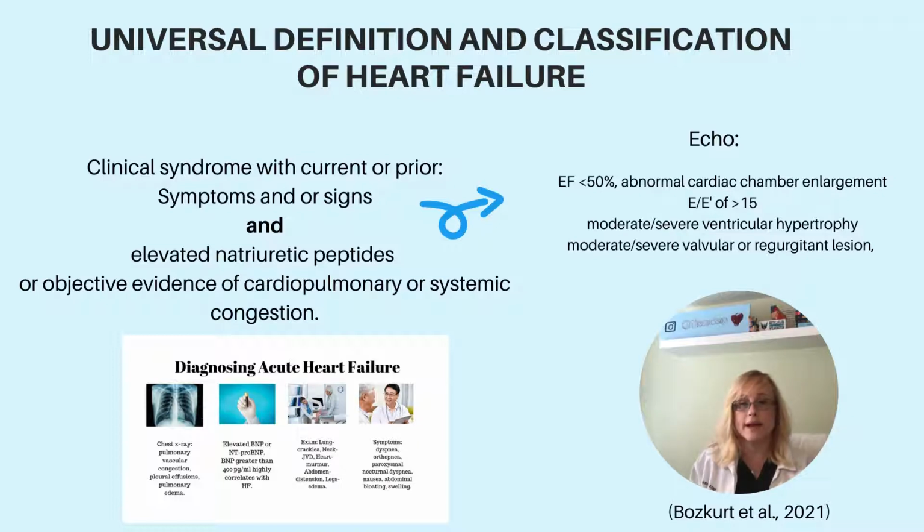We know that as, looking objectively at a chest x-ray, do they have pulmonary vascular congestion? Do they have exam findings of crackles, elevated jugular venous pressure? Do they have an S3 heart sound? And symptoms such as orthopnea, paroxysmal nocturnal dyspnea, dyspnea on exertion, etc.